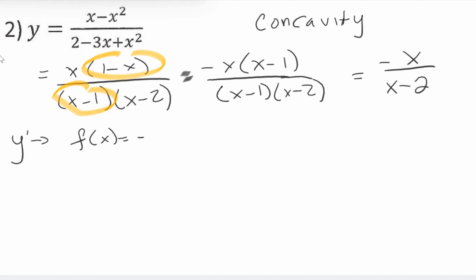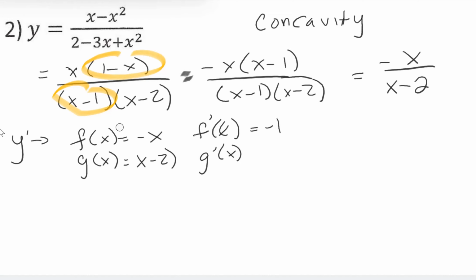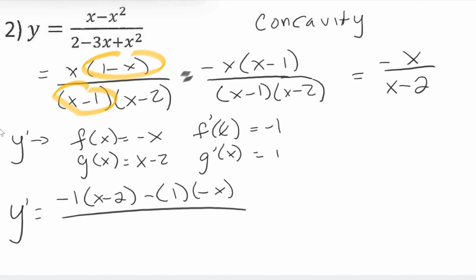So f of x is negative x, so f prime of x is negative 1. G of x is x minus 2, g prime of x is just 1. So y prime equals negative 1 times x minus 2 minus 1 times negative x over x minus 2 squared.